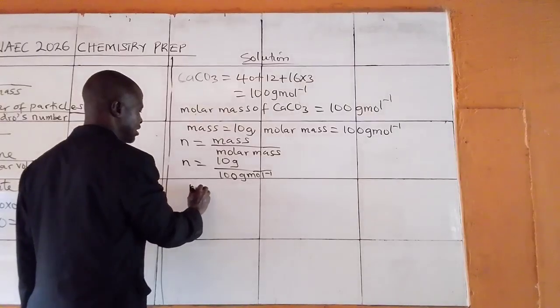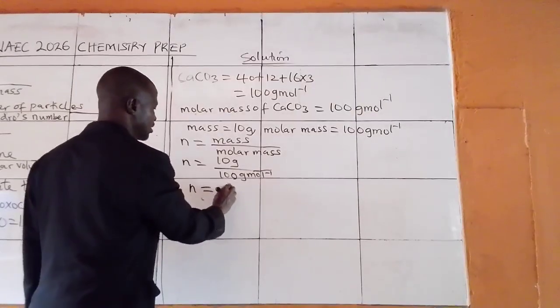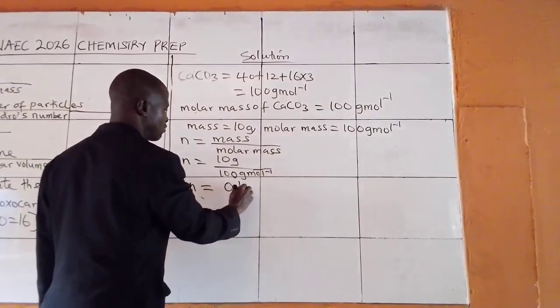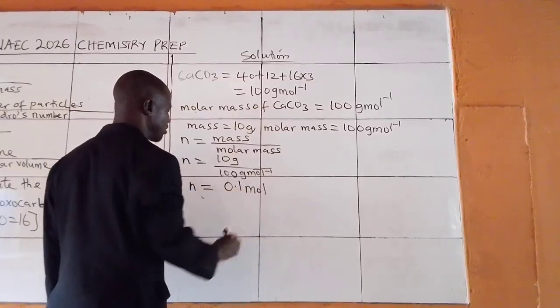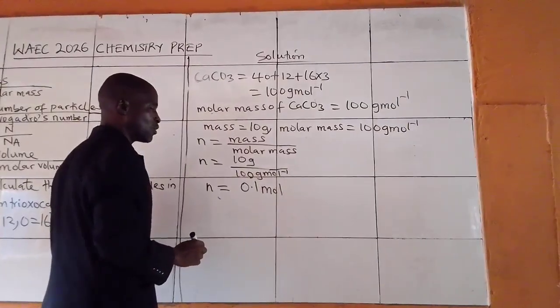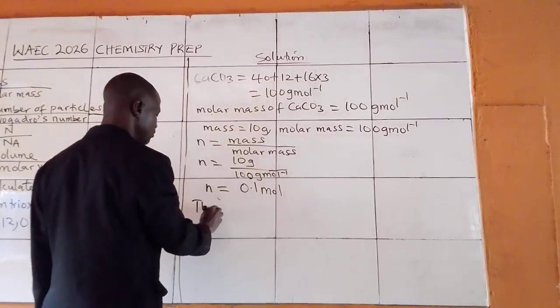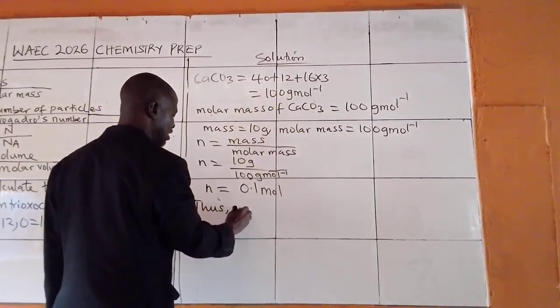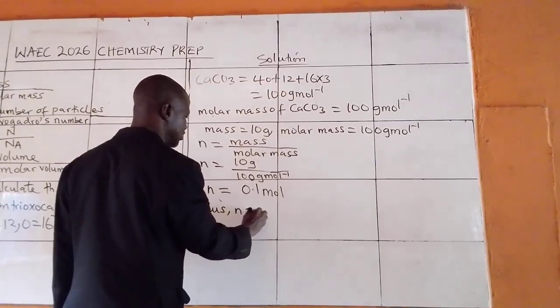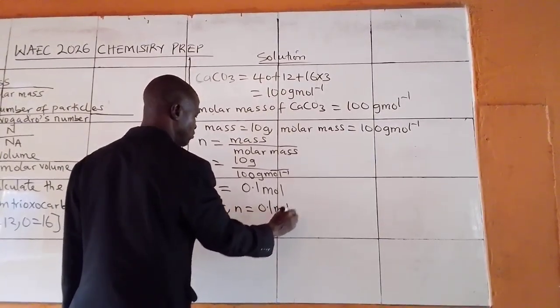Now we have N, which is the number of mole, is equal to 0.1 mole. The unit of mole is MOL, which is mole. Thus, number of mole, N, is equal to 0.1 mole.